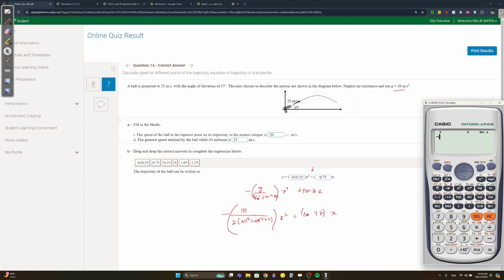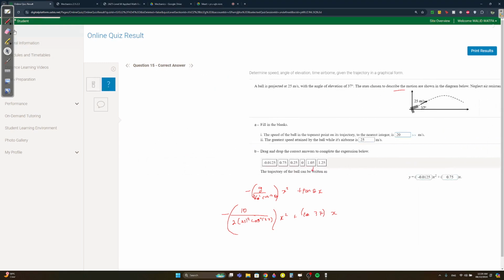You have minus 10 over 2 times 25 squared cosine 37 squared, which is minus 0.0125, right? And then tan 37 is 0.75. Okay, easy.